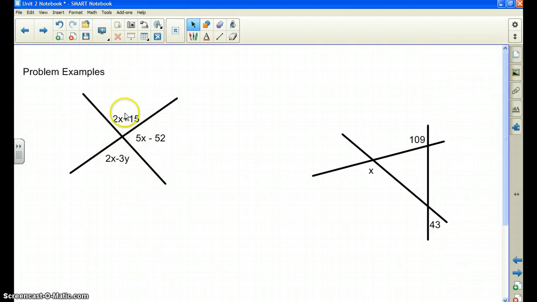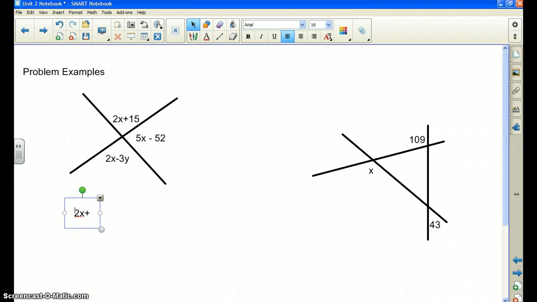The first thing I'm going to do is solve for x, because I could set these two angles equal to each other since they're vertical, but then I will have an x and a y in my equation, and I'm not really able to solve that. However, I can take these two angles because those are a linear pair. So what I can do is 2x plus 15 plus 5x minus 52, and that equals 180.